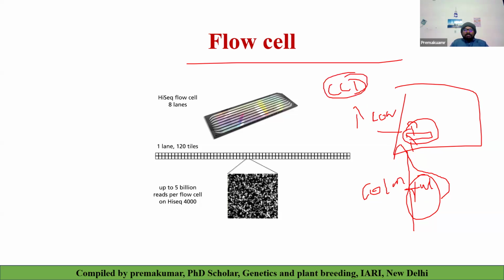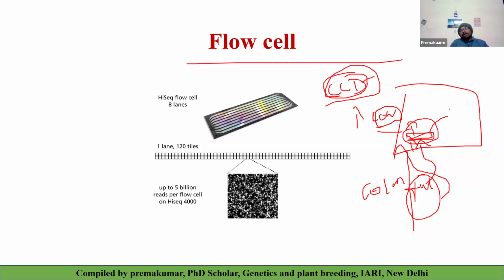Whenever you add these fluorescently labeled dNTPs to read the sequence, the intensity of the color released is very low, so it cannot be detected by the cameras. What can we do?